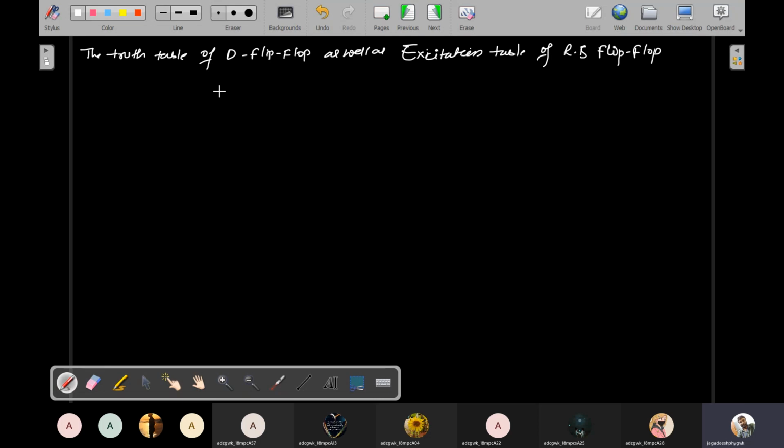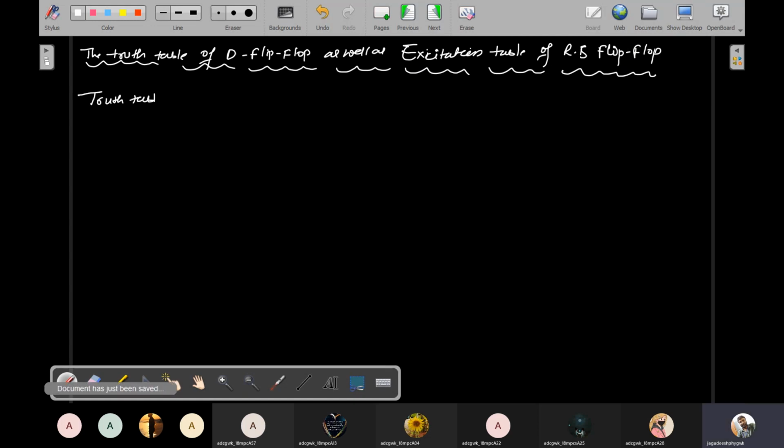Okay, the excitation table of RS flip flop. First write the truth table of D flip flop.